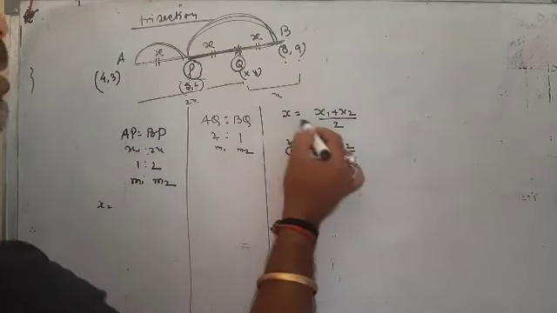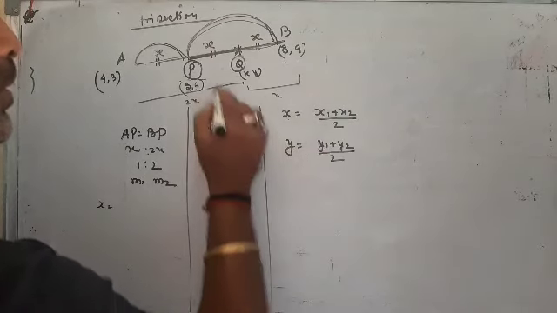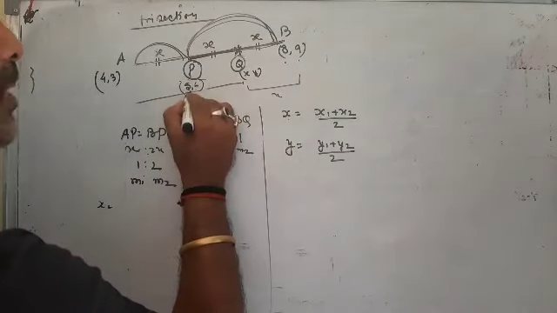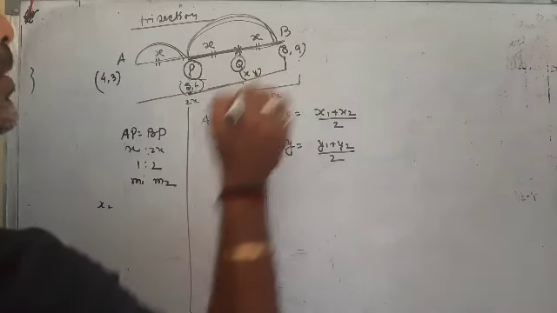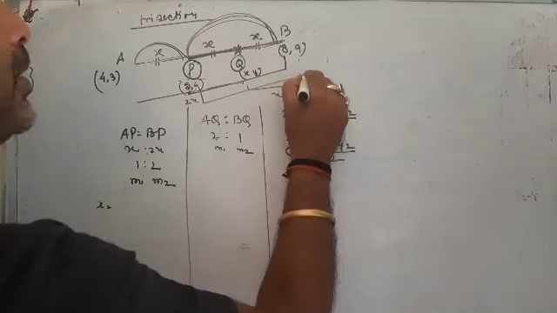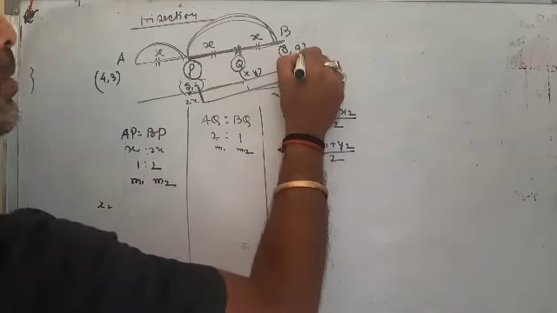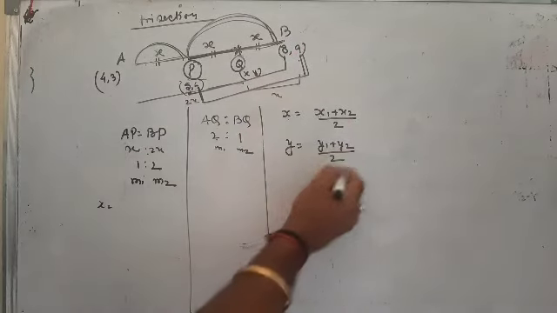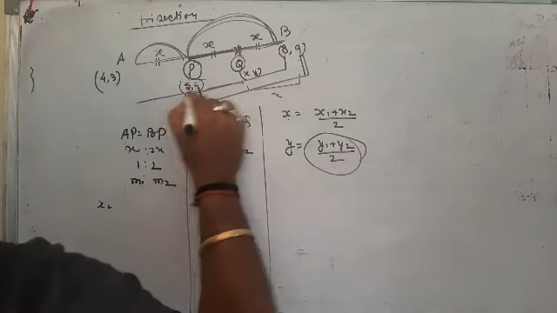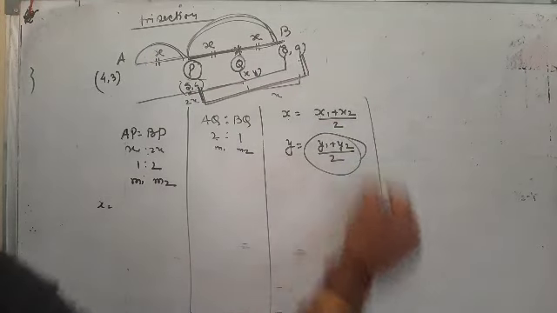So if you use the midpoint formula, then you use simply (x1 plus x2) by 2. In that case 5 is your x1 and 8 is your x2, and for y, 6 is your y1 and 9 is your y2. So like this you have to solve, x1 plus x2, y1 plus y2, divided by 2.